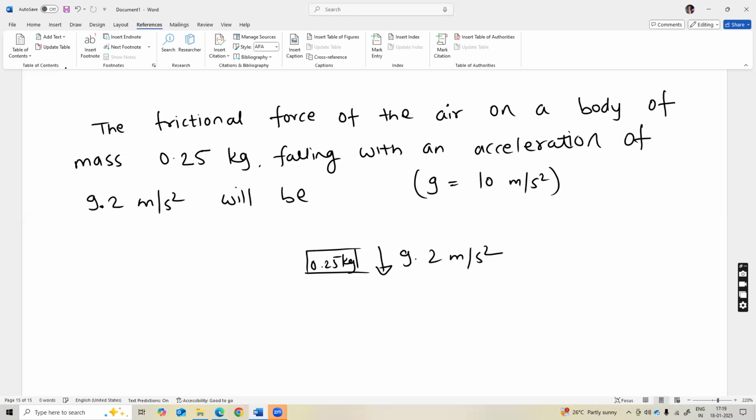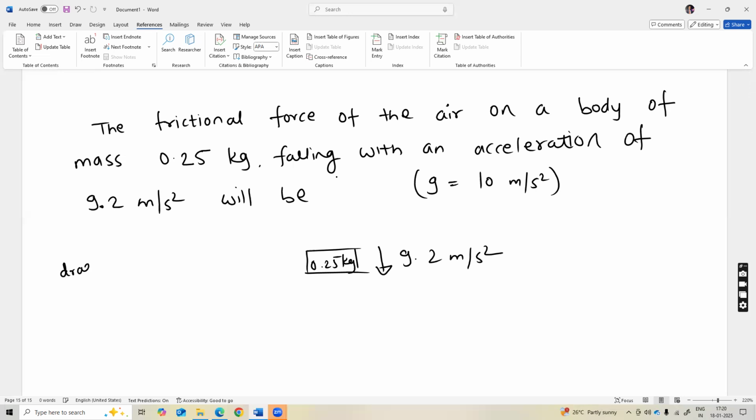So basically they are asking how much is the frictional force acting on this body because of air. Of course, when something falls in air, it experiences frictional force because of air, generally known as drag.